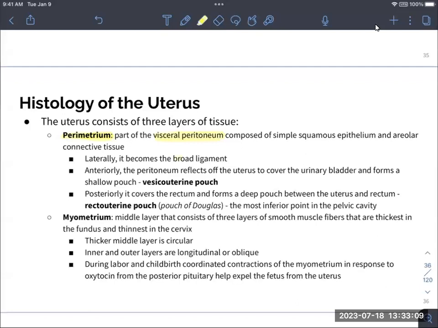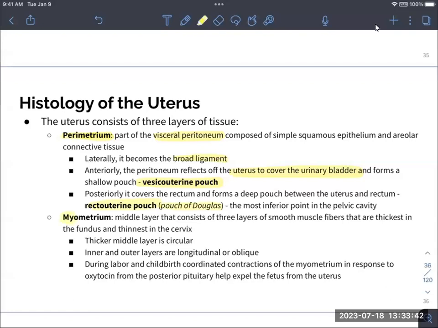Part of it becomes that broad ligament. We get this vesicouterine pouch. This is between the uterus and part of that urinary bladder. It has a little pouch between it. We have the rectouterine pouch, or pouch of Douglas. That's the name I learned it as. That's between the back of the uterus and that rectum.